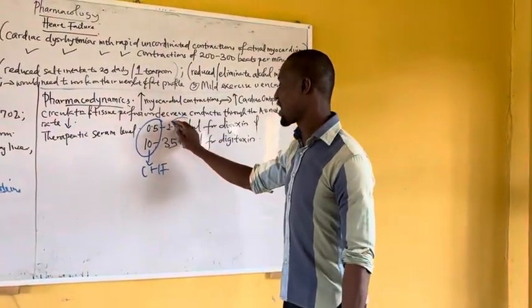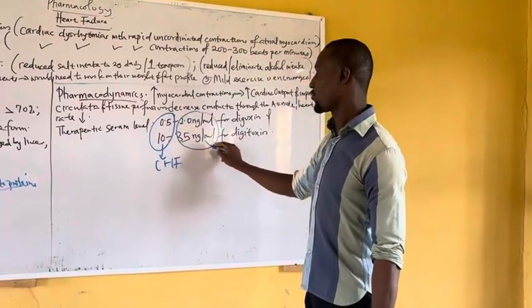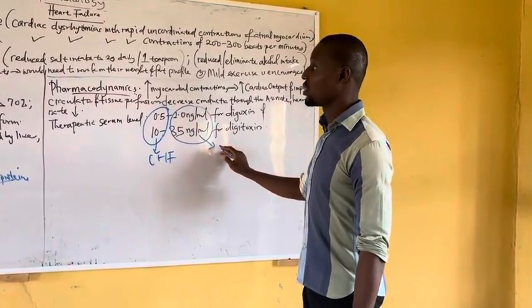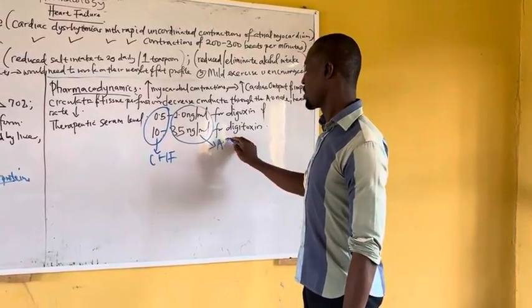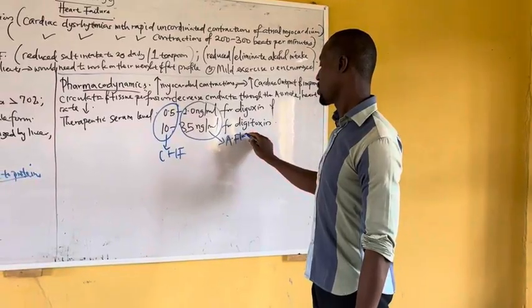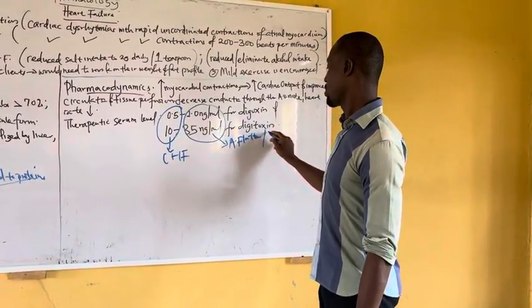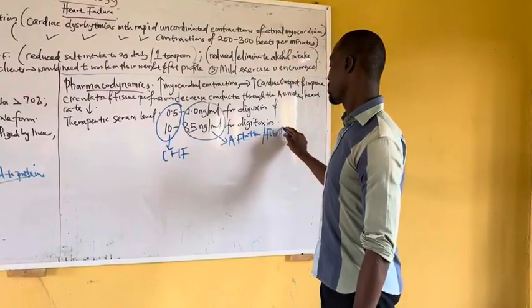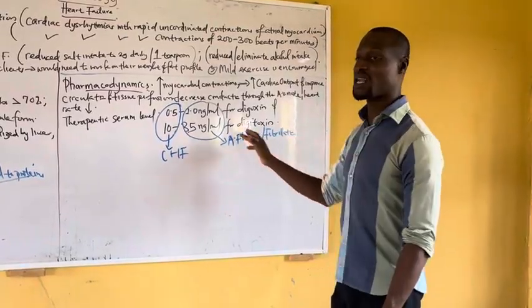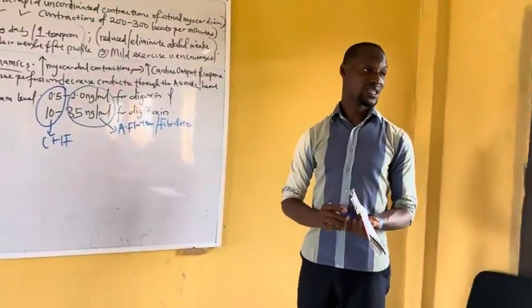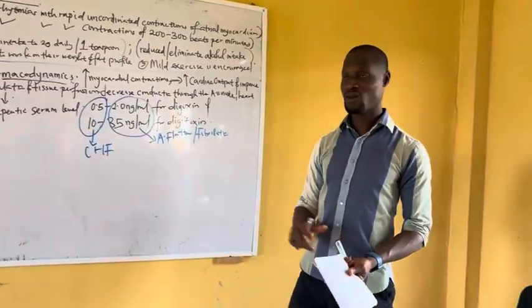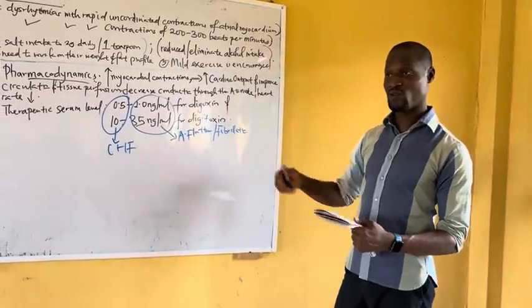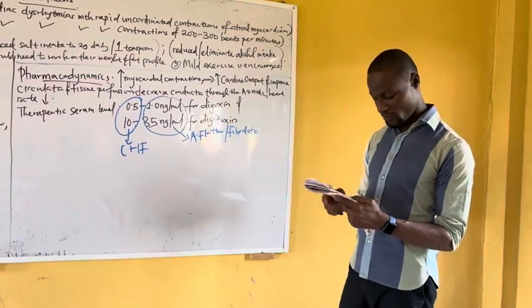For atrial flutter or fibrillation, we will consider the higher doses of glycosides. The lower doses regulate heart failure, the higher doses of both drugs regulate flutter.